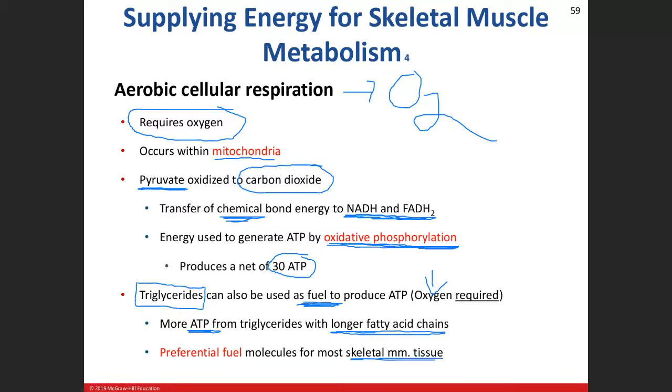Ideally, aerobic respiration is the way to go. Because also, when you're undergoing aerobic respiration, on average, the fuel that you will be burning will be 50% carbohydrates and 50% fat with oxygen.